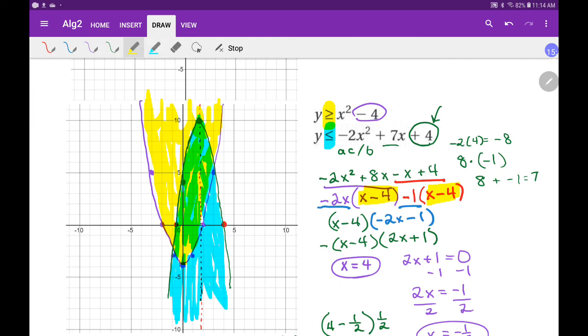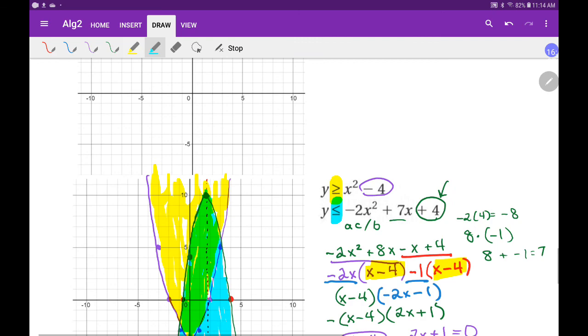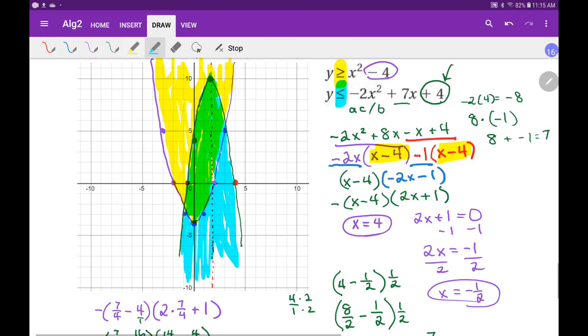So I know this is pretty long, but it was a good review for the things we have just done. And we could always use the review for the old stuff. All right, so the shade of green is the overlapping area, and there you go. That's the solution. So it just said graph the system, and we're interested in where they overlap.